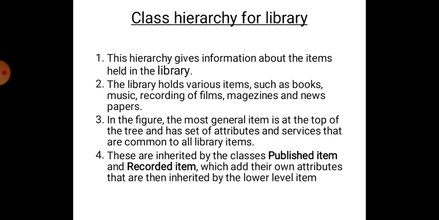Students, as I told you earlier, published item and recorded item are subclasses or inherited classes of the main class called library item. Now this published item and recorded item add their own attributes that are then inherited by the lower level items. So the hierarchy goes down below.